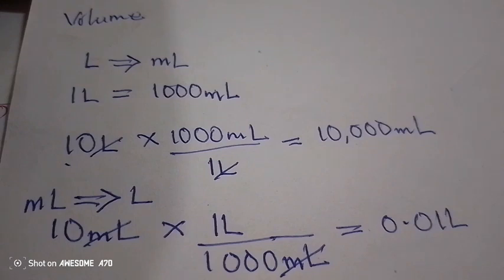Now, in that case, we can also go and convert from liter to milliliter, also milliliter to liter. Let's first take conversion from liters to milliliter. Take for instance, we have 10 liters. Can we convert from 10 liters to milliliters? How many milliliters do we have in 10 liters?